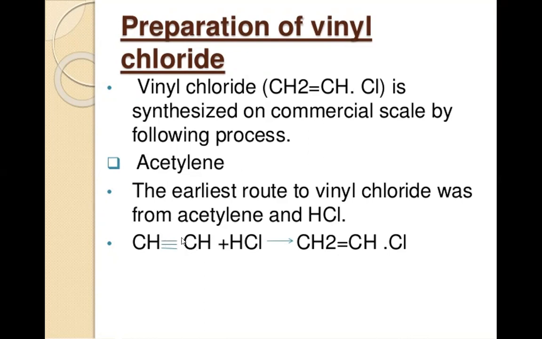Suppose the two electrons migrate either to this carbon or to this carbon, because it is a symmetric compound. If the two electrons migrate to this carbon, it will acquire the negative charge because both electrons come to this carbon, and this carbon will acquire the positive charge. And the HCl can be dissociated as H+ and Cl-.